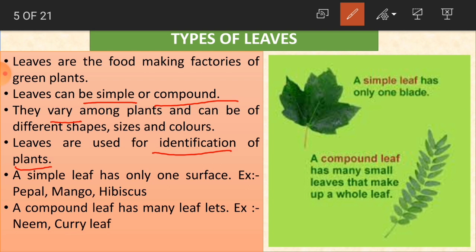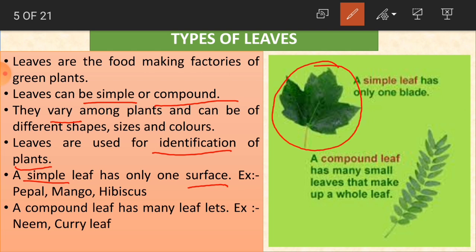A simple leaf has only one surface. Examples: peepal, mango, hibiscus. We have so many, but we have mentioned only 3 examples here. Simple means single, that is, it has only one surface.